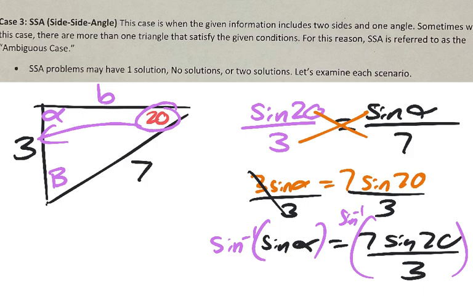Let me draw it this way. I gotta draw my longest side first. Longest known side. So this is 7. Okay. And then 20-degree angle.